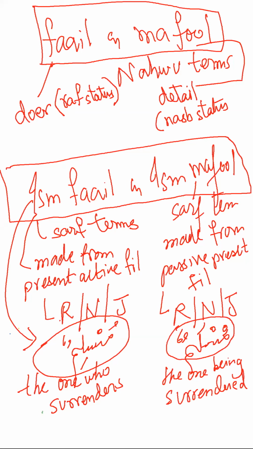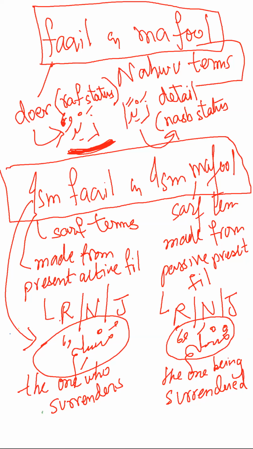Here, Zaidun can be a doer. It is not an ism fa'il. It is just a simple ism. But if it's coming in the rafa status, what will we say it is? Doer. But if it comes as nasab, what will we call it?